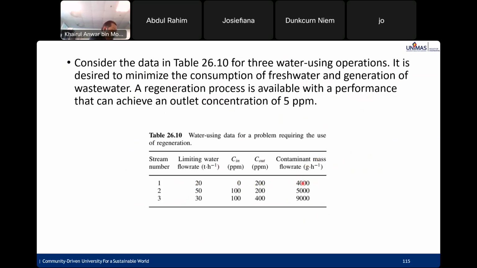How to calculate this? Calculate the limiting water flow rate: 4,000 divided by 200. Same for the other streams, for example from 100 to 450.